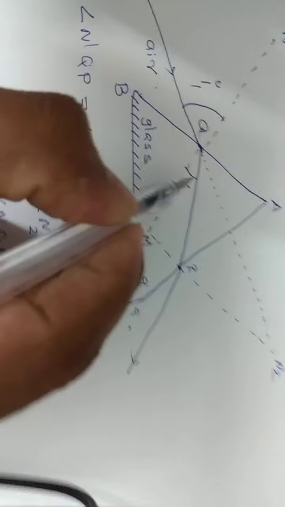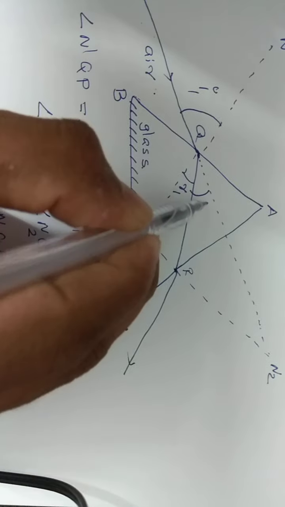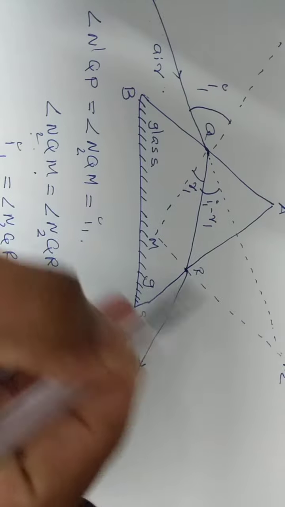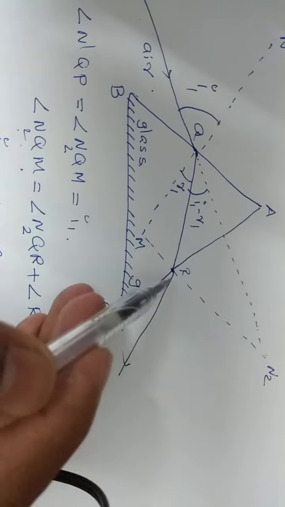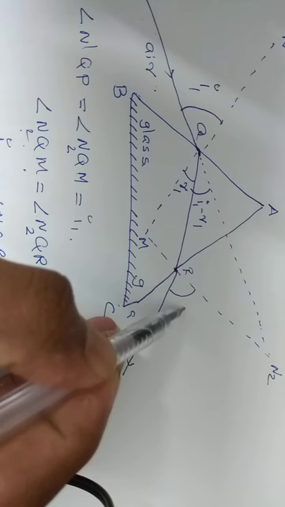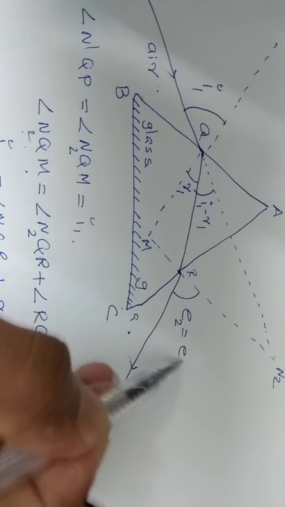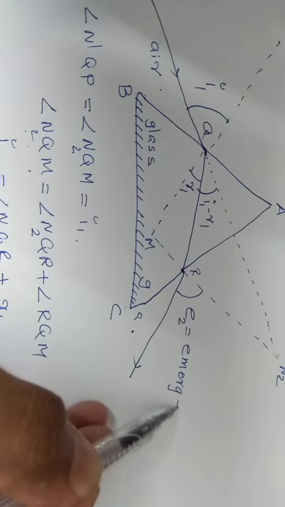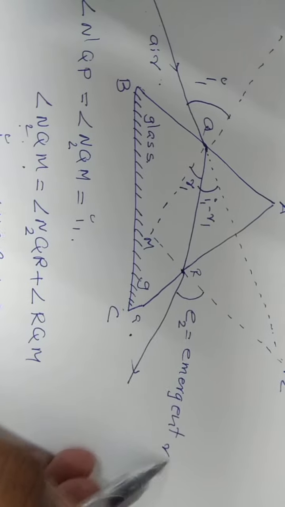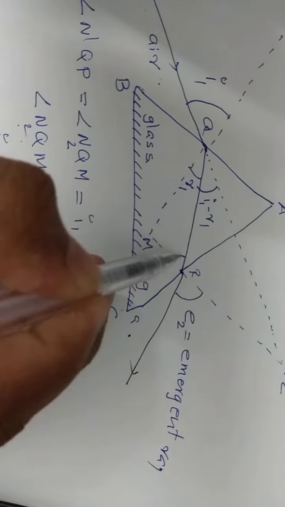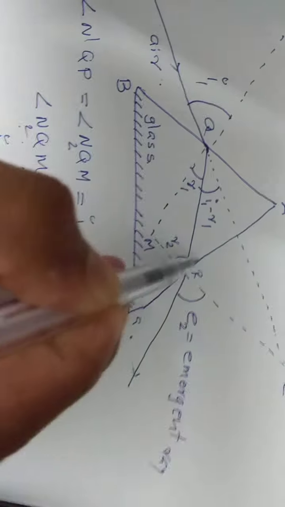Okay, so we can write here angle I1 minus R1. Similarly, this angle N2QR is equal to angle E2, which is the emergent angle. So this angle is equal to R2.